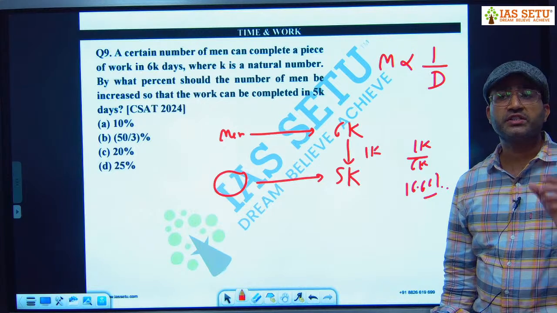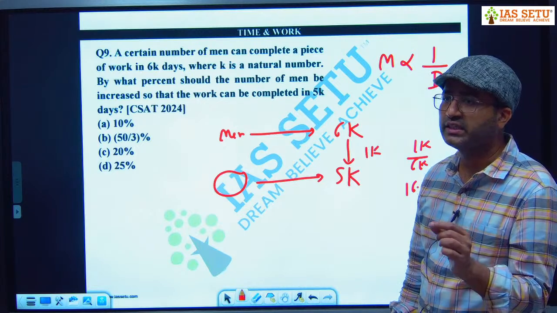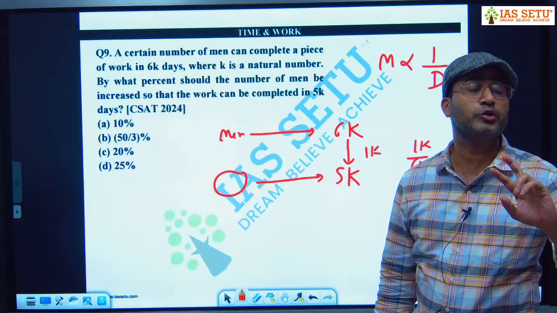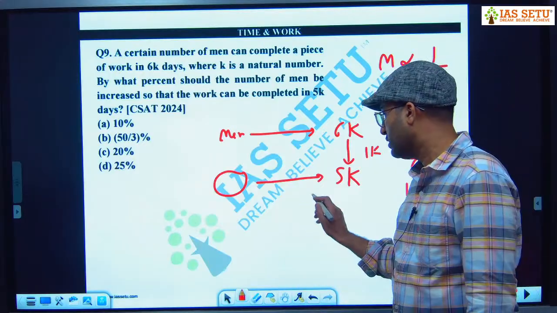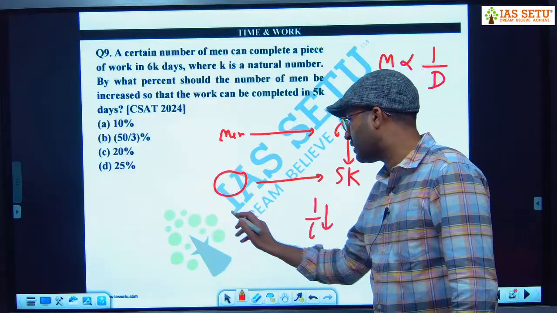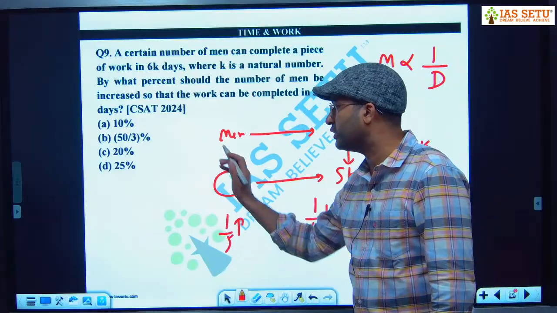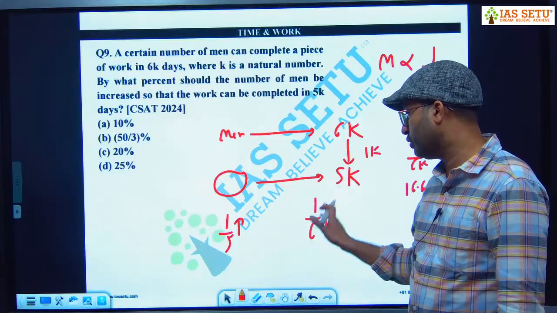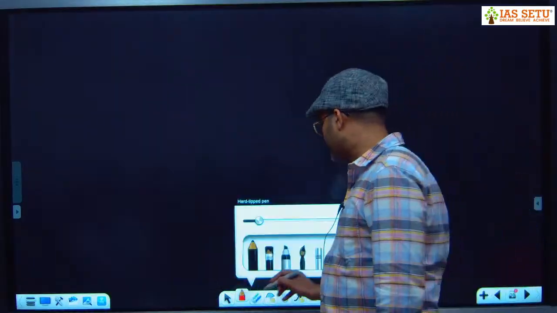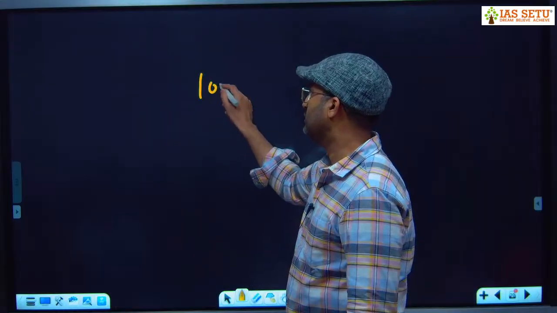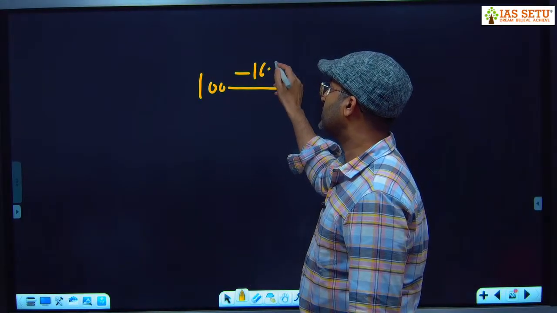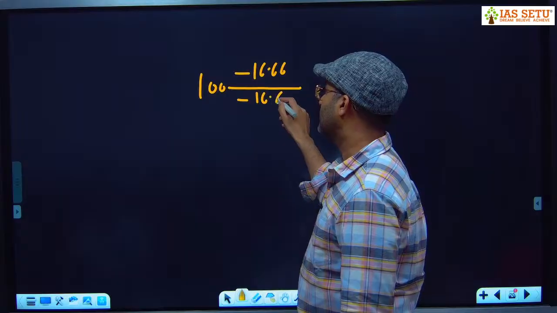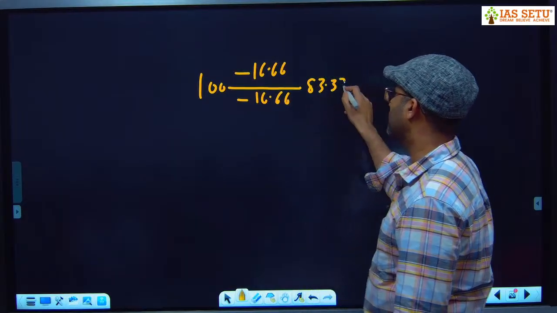Okay, 16.66% decrease is compensated by 20% increase. 1/6 decrease compensated by 1/5 increase. Answer is 20%. If you are not able to recall this relation, then PCZ 100, 16.66% decrease. This become 83.33.